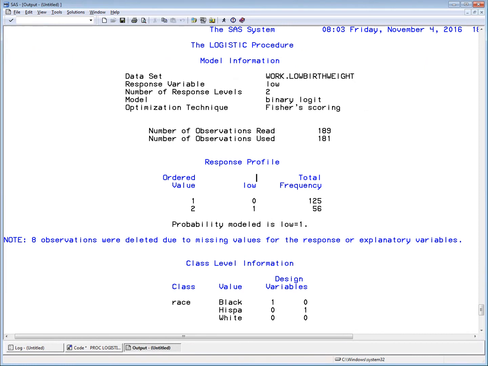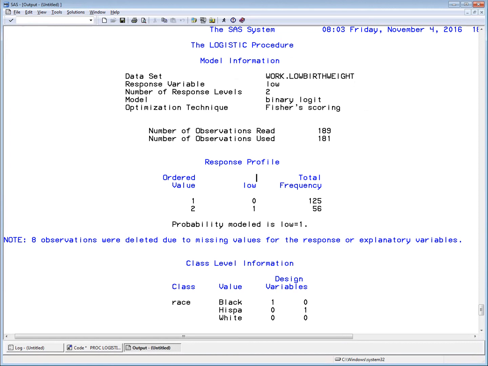So here's our output. You can look it over. We can see that in this particular data set, we had 181 observations that ended up being used. Of those 181 babies that were born, 56 of them were low birth weight, 125 were not low birth weight.